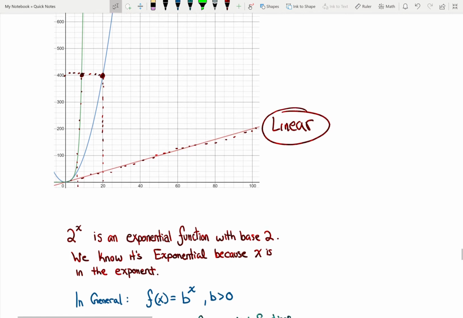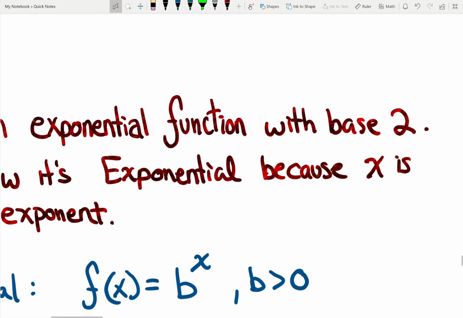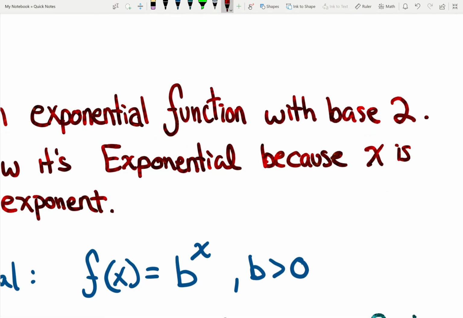So we have a general formula for exponential functions. The general form looks like this: f of x, or y, equals b to the x. The thing about exponential functions is that this base b has to be a number greater than 0.